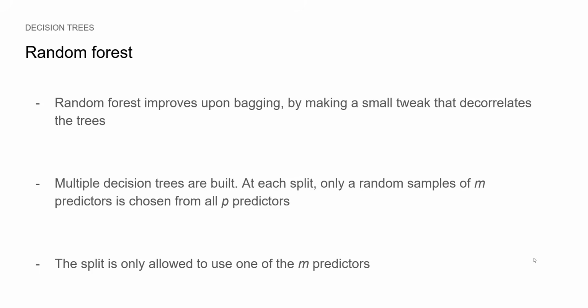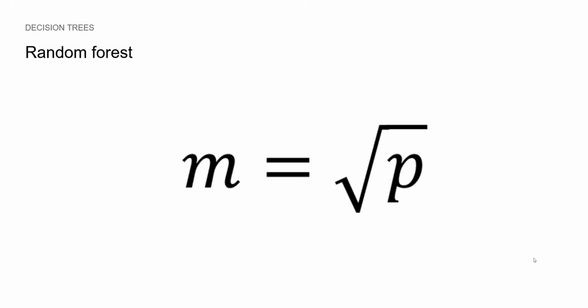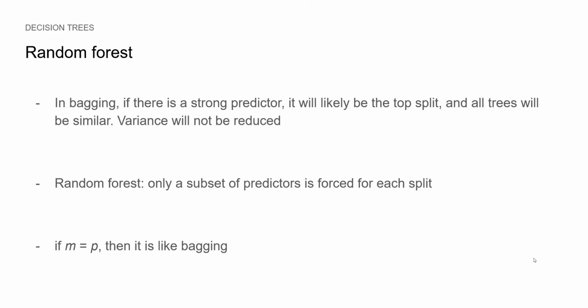Again, multiple trees are grown, but at each split, only a random sample of M predictors is chosen from all P predictors, and the split is only allowed to use one of the M predictors. Now, typically, M is the square root of P. Now, how is that a good thing?